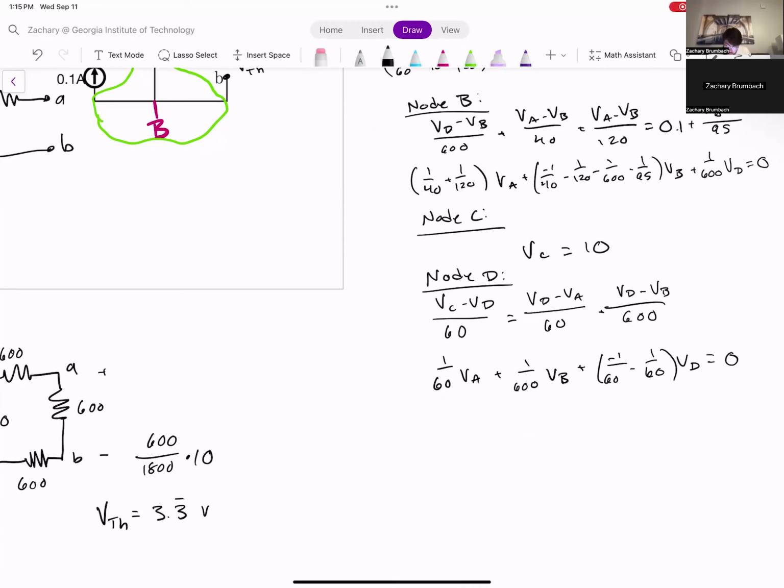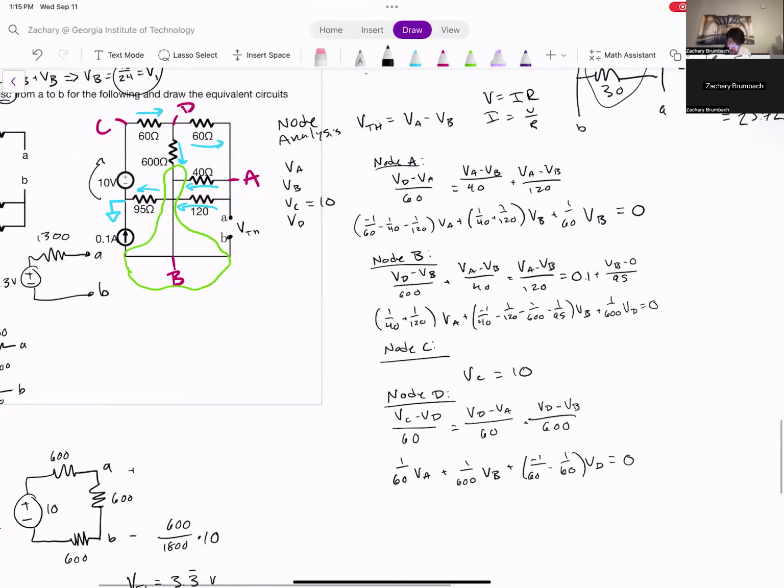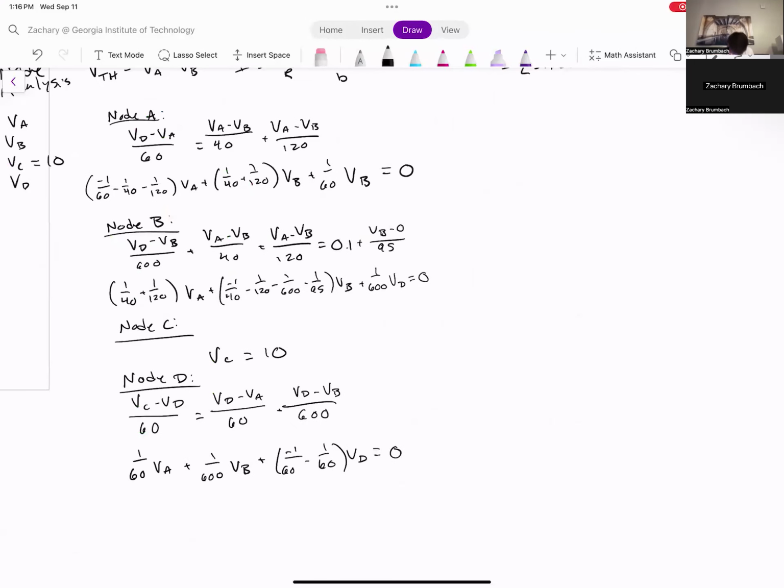From here, we have 4 linear equations with 4 variables. So I can rewrite this in a matrix: minus 0.05, 0.03 repeating, 0, 0, 0.03 repeating, minus 0.0455, 0, 0.0016 repeating, 0.016 repeating, 0.0016 repeating.